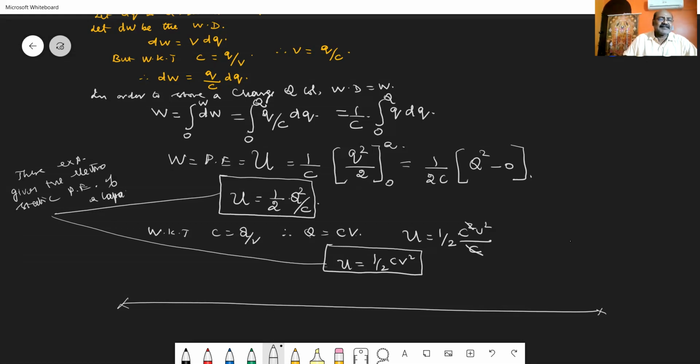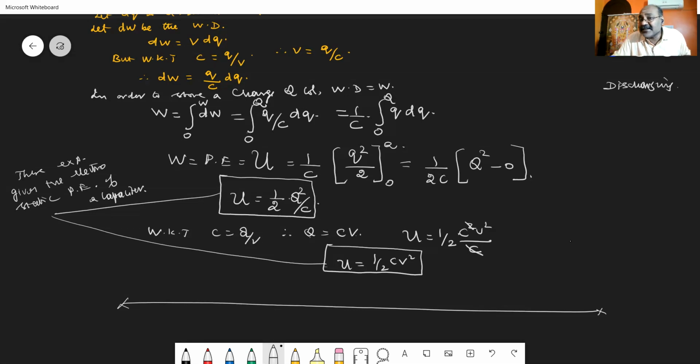When you are charging the capacitor, the energy is stored. The same energy will be given out when the charges in the capacitor are made to come out. When the charges are made to come out, we call it discharging.